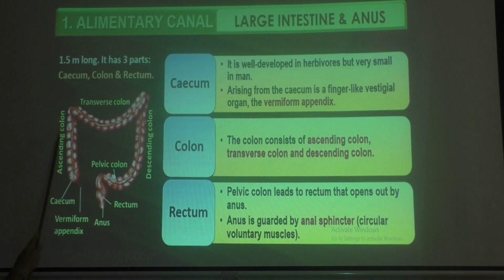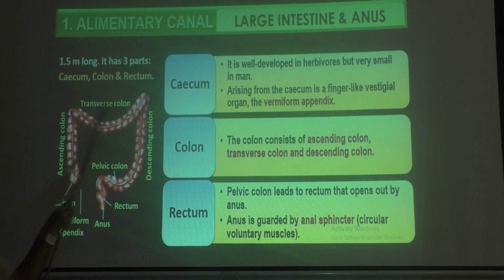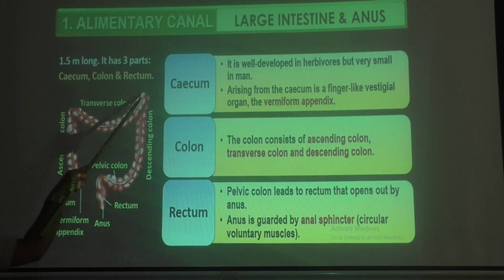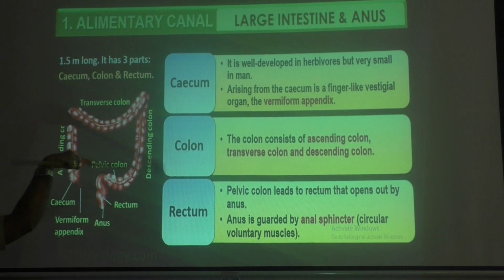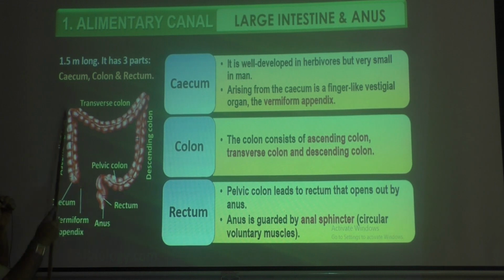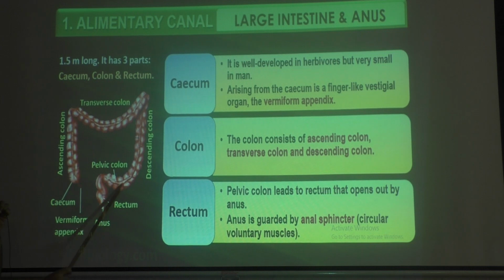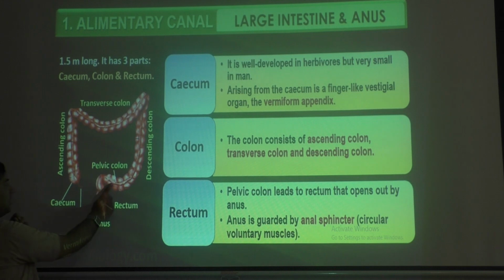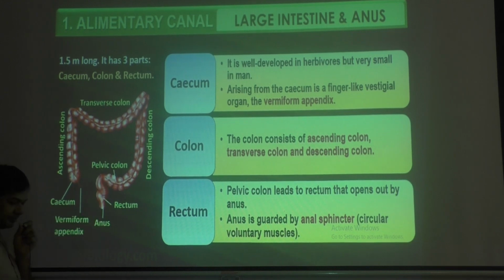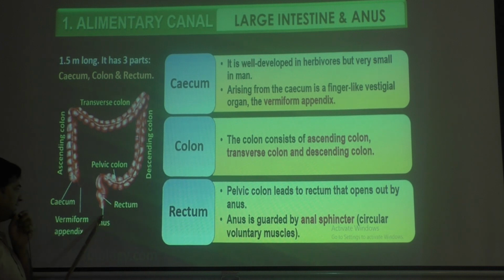This is called ascending colon, ascending because it is going up, and this is transverse because it is straight like this, then it goes downwards, so it is called descending colon. All 3 together are called colon. Then the last part, where undigested food, that is excreta, is stored, is called rectum. And the last part, the opening through which undigested waste comes out, is the anus.